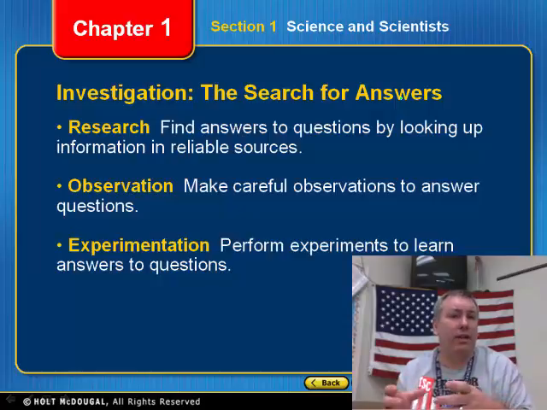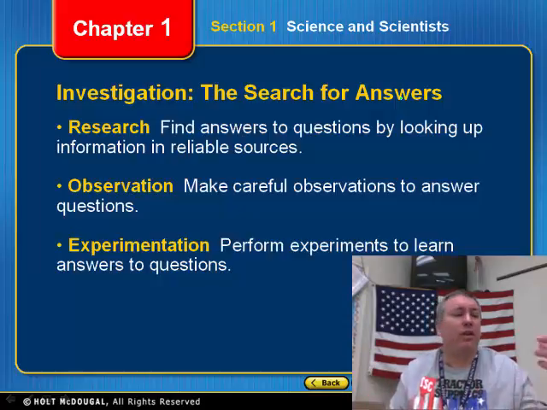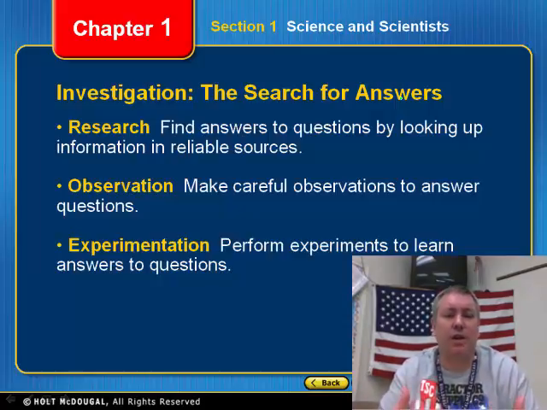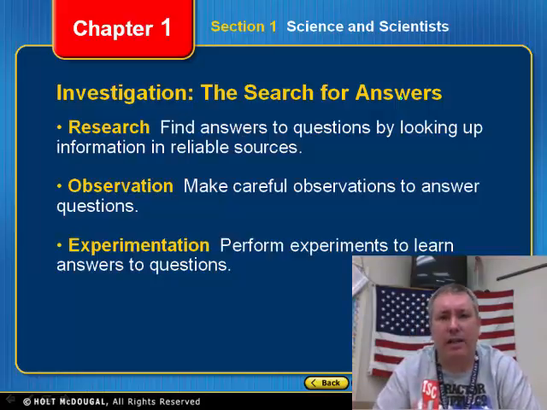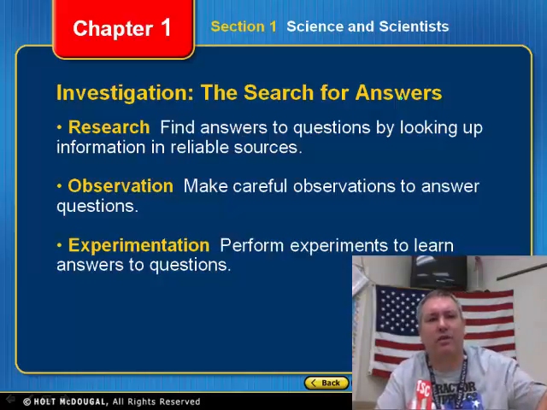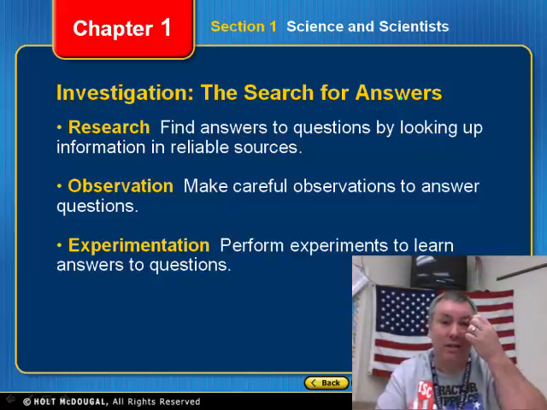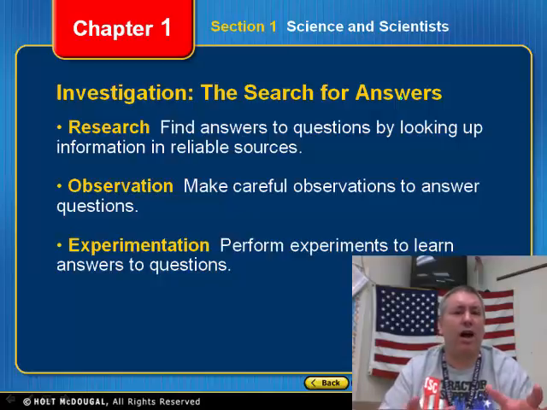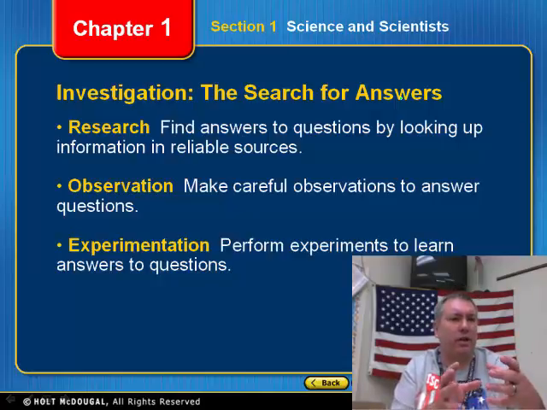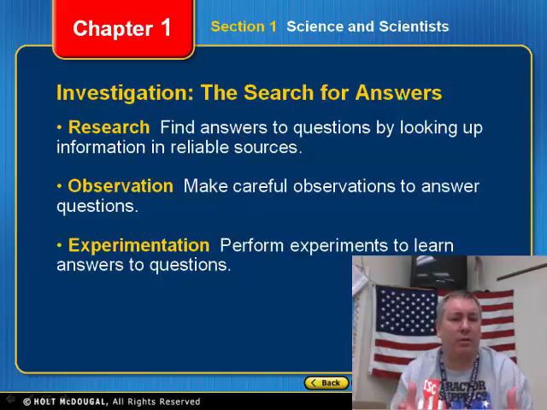Once we get done with the research portion, we start looking at the observation. We start observing very carefully what exactly is happening. So when the trees were brown at the beginning of winter, or at the very beginning of spring, the trees don't have leaves on them, and the grass is brown. And then we start carefully watching why all of a sudden do those trees and that grass go from being brown to being green, and then the flowers start blooming on them.